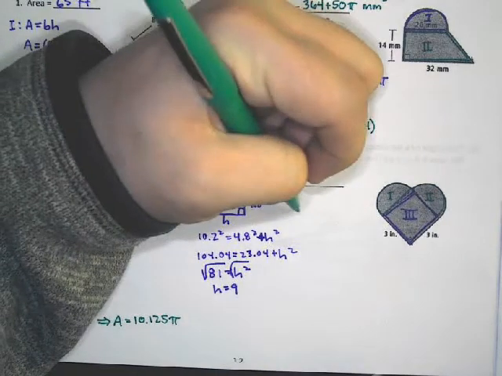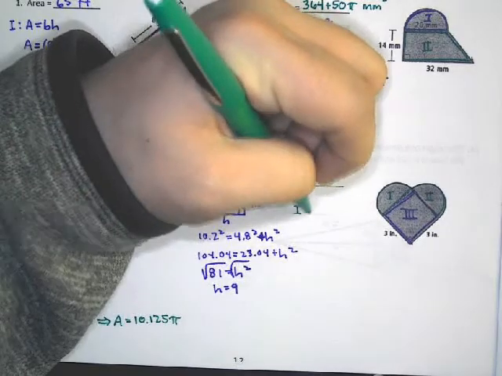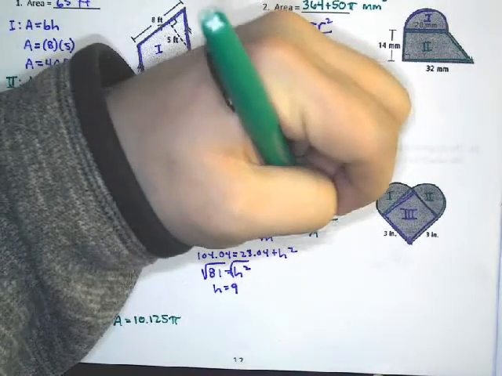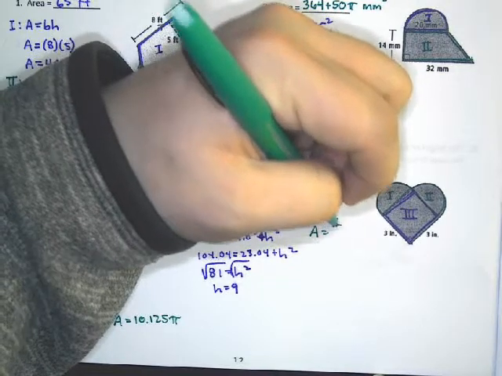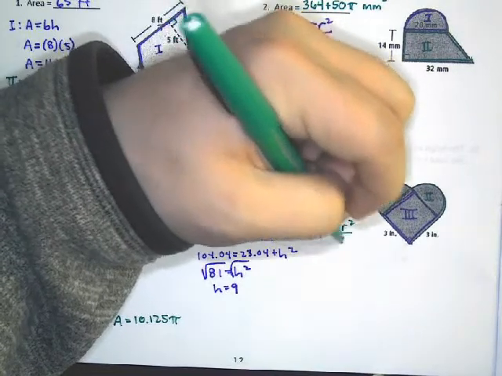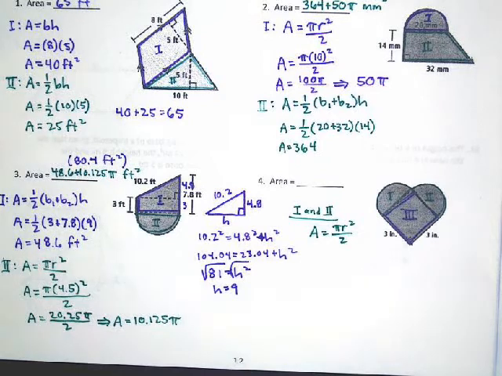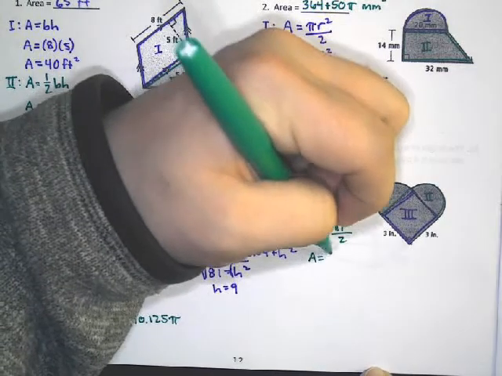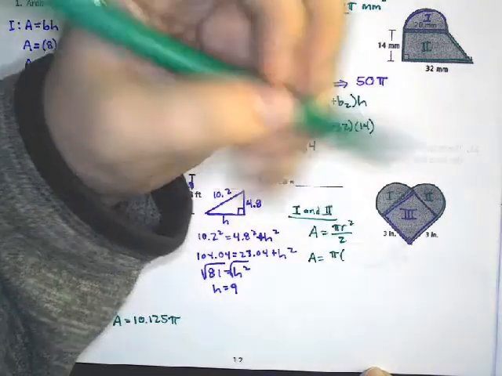So what I'm going to go ahead and do is I'm going to say 1 and 2. All right? 1 and 2 uses A equals pi r squared divided by 2. So, area equals pi. What am I going to use for radius?